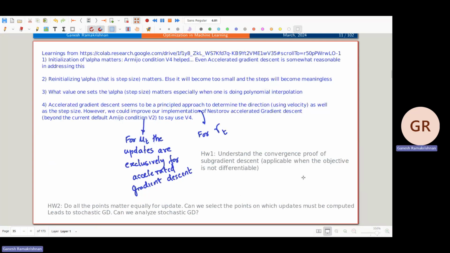Now I'll talk about the subgradient descent algorithm, which is in the spirit of the gradient descent algorithm. I won't be doing its proof, but the idea behind subgradient descent is, what if the function itself is not differentiable? The subgradients exist. How does it behave? And the second is, do all points matter equally for update?